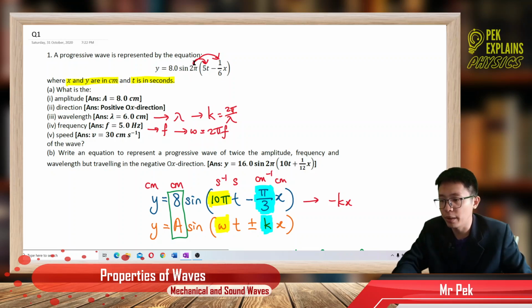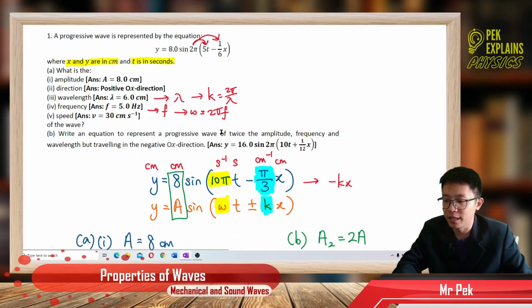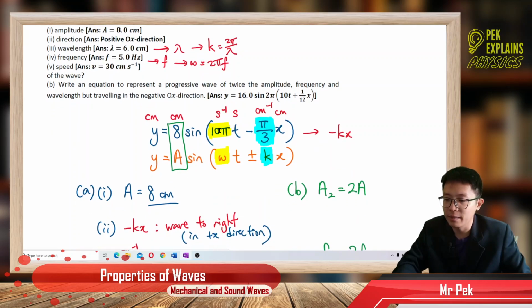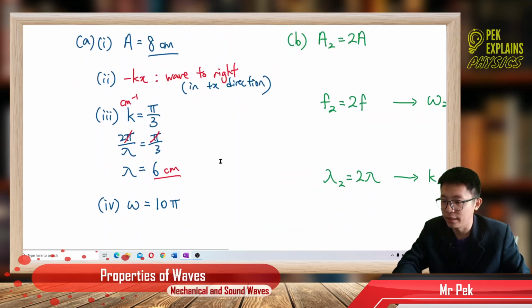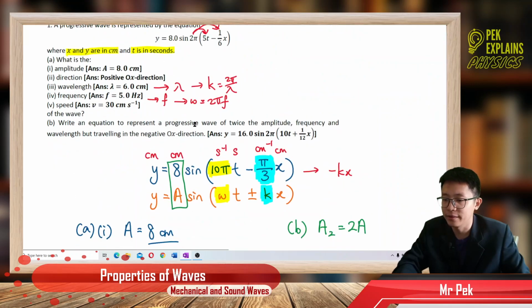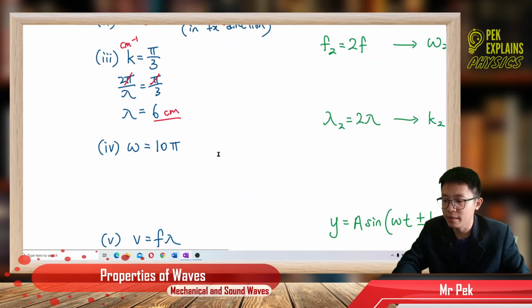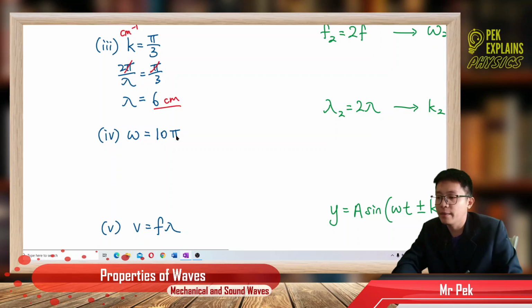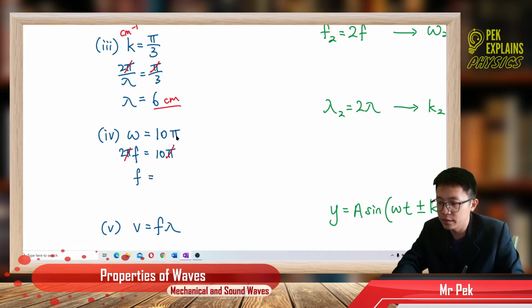You must multiply 2π into 5, which becomes 10π. 10π is the ω. So from there, ω is 2πf. We cut off the π, so my frequency is 5.